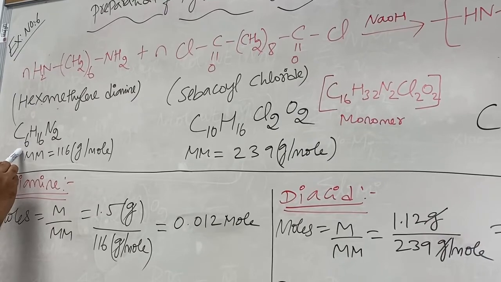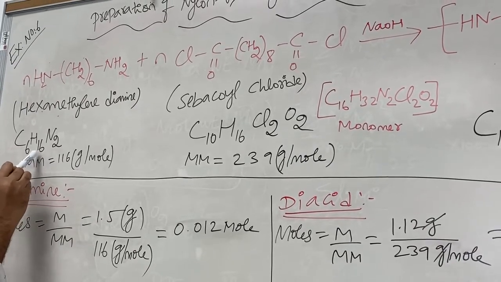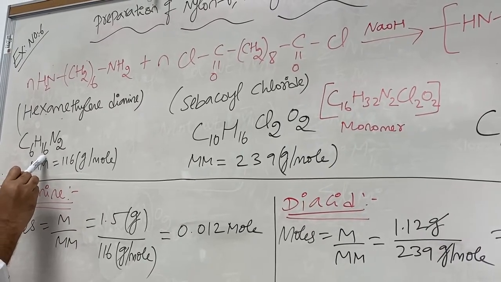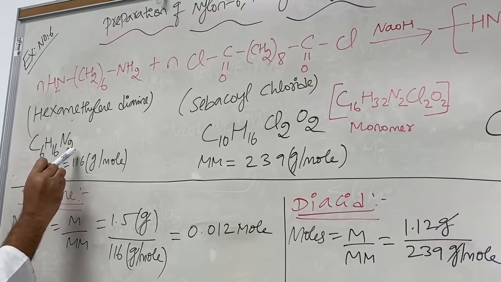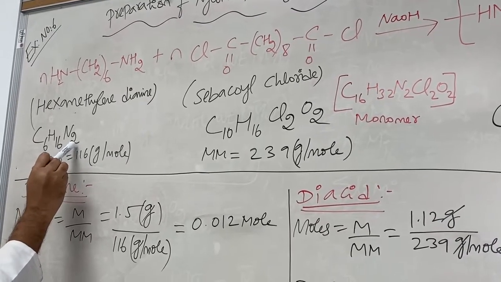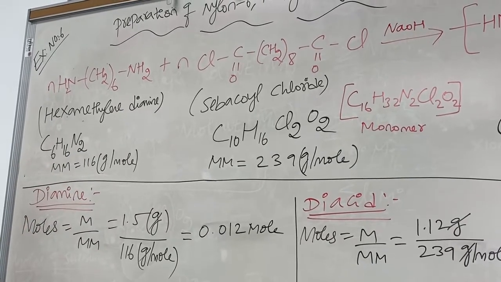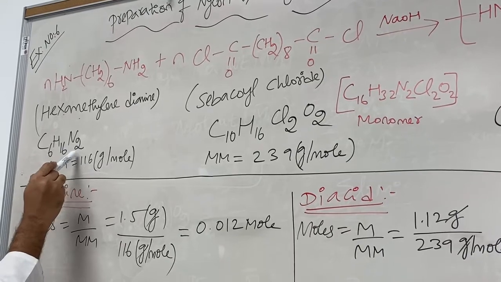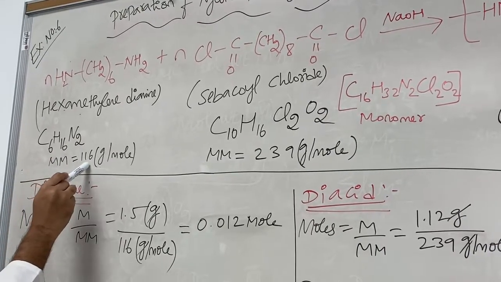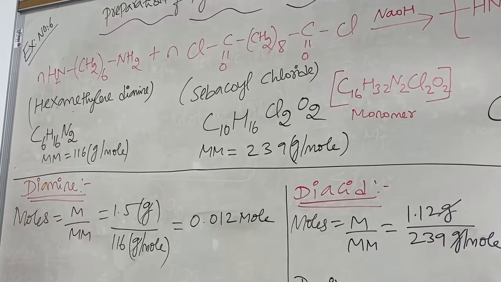So 12 into 6 plus hydrogen 16 numbers into atomic mass 1, 16, plus nitrogen, atomic mass 14, 14 into 2. So the molecular mass you will get is 116 gram per mole.